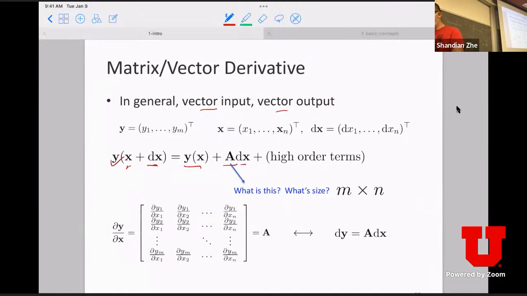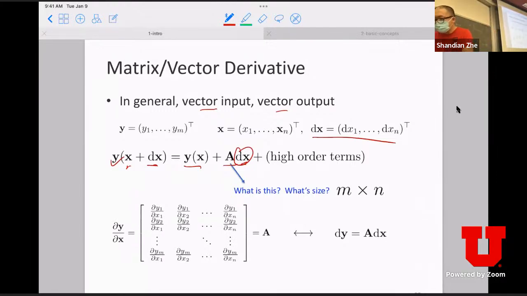Higher order terms just mean that if your dx is small enough, they can be ignored. When x is the input vector, dx will be a vector. When we talk about small, you have to point out in what sense it is small. Really, we mean the Euclidean norm is small.